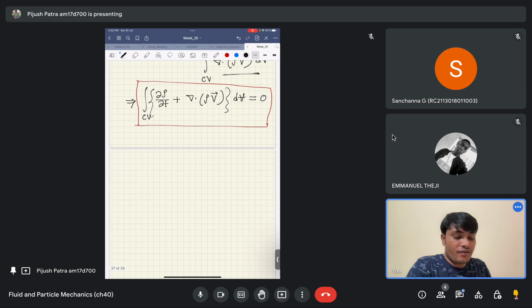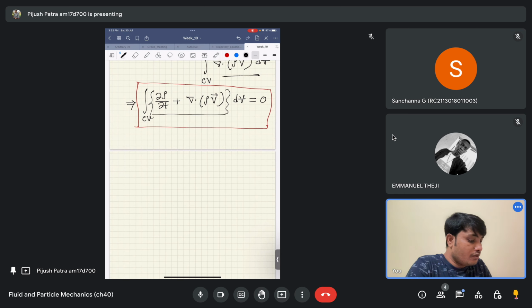Now what I will get from here, as this integral is valid for any arbitrary volume, that means this is my integrand and this is the integral. So if it is 0, then the integrand must be 0.